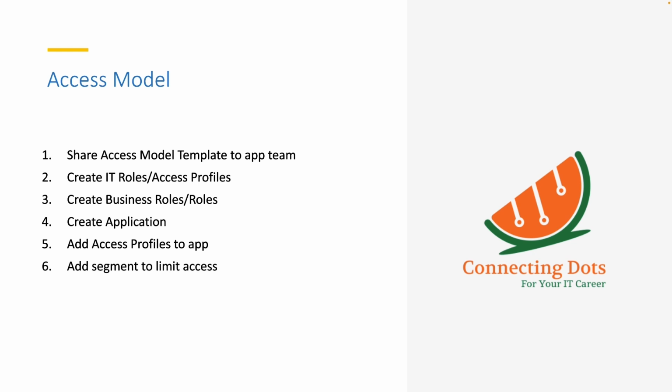Once you have the entitlements, on top of them you need to work on building your access model. An entitlement represents a single, basic access. Often end users require a set of accesses so that they can do the job in that application, correct?